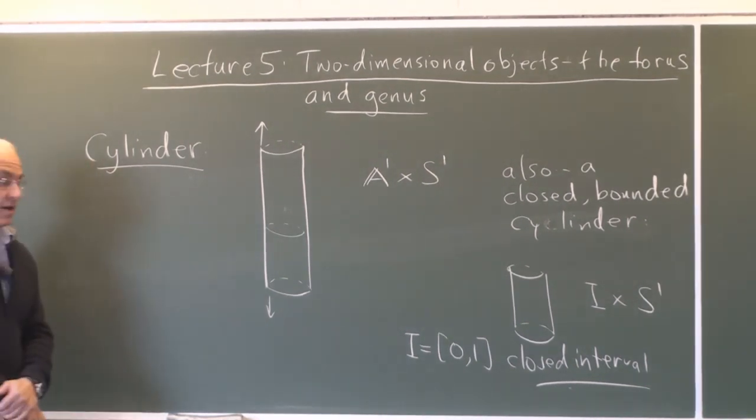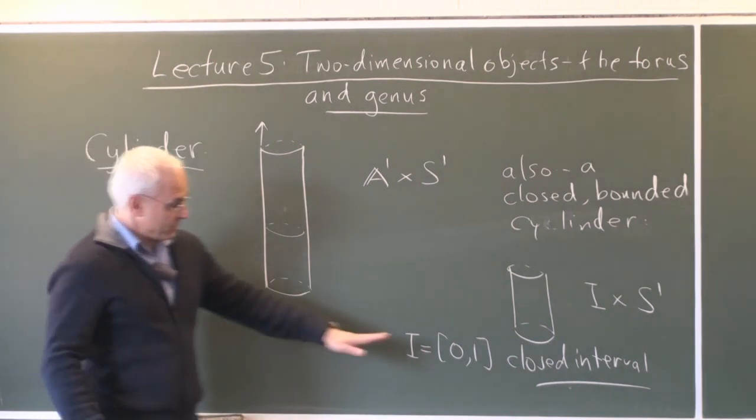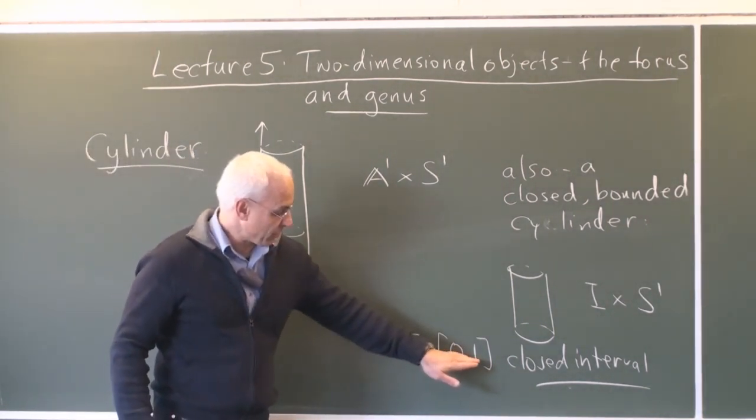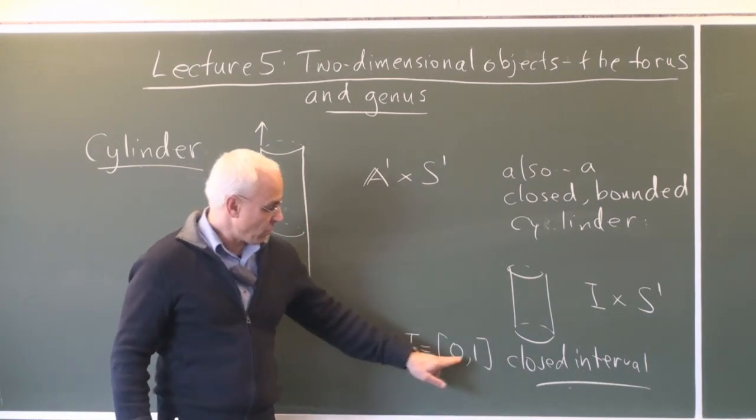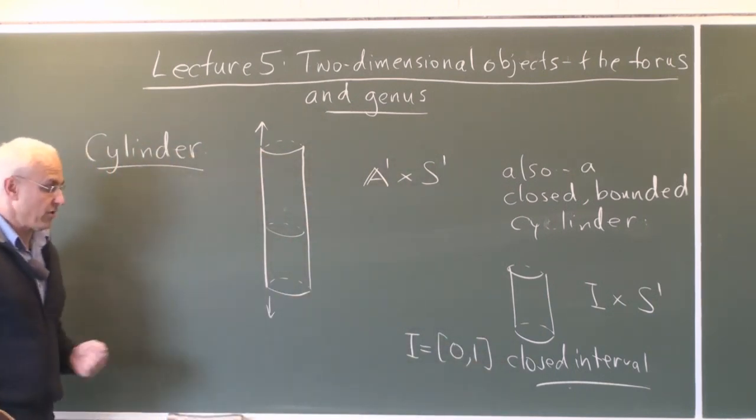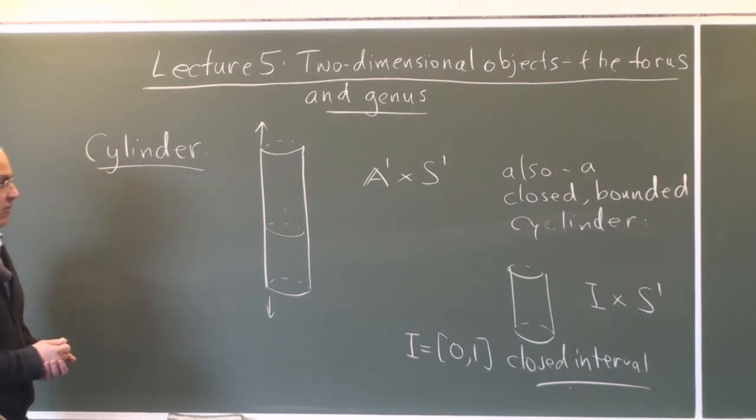I probably should mention that there's quite a difference between including the boundary points and not. So when we include the boundary points, we get the closed interval. When we don't include the boundary points, we get an open interval, or perhaps a half open, half closed interval.